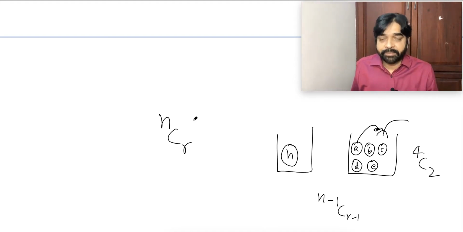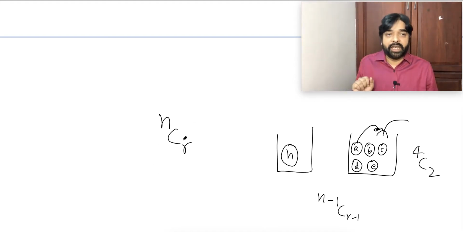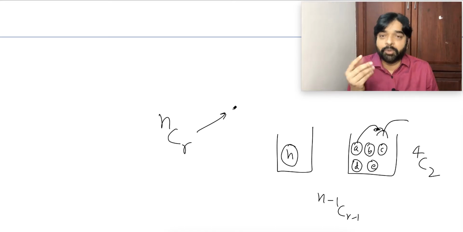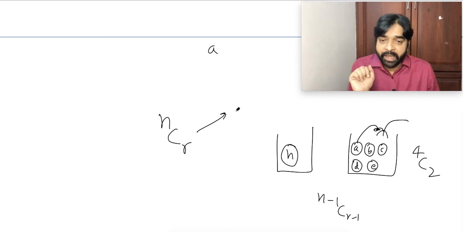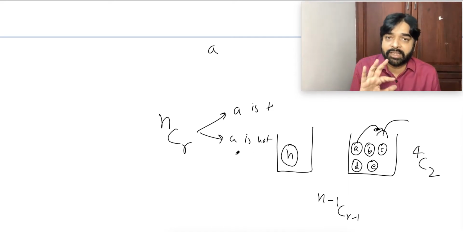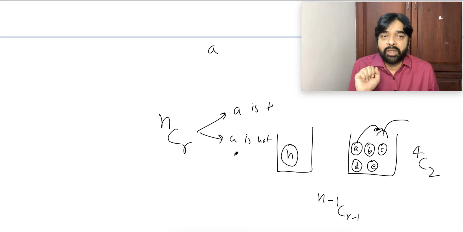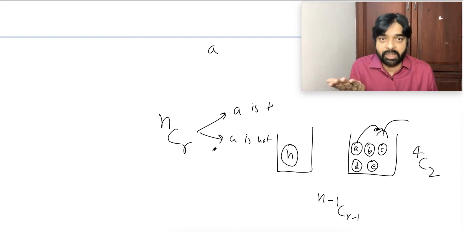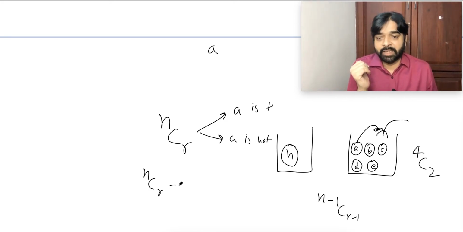So there are two situations: suppose I name that object A. A is there and A is not there. I can categorize into two parts. So how many ways can I select such that that one particular object never comes? n minus 1 C r. So this way I can also get the answer.